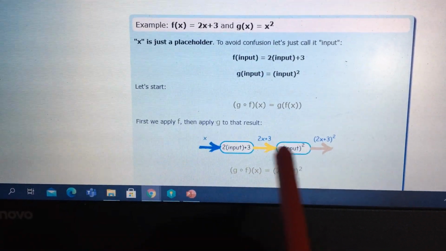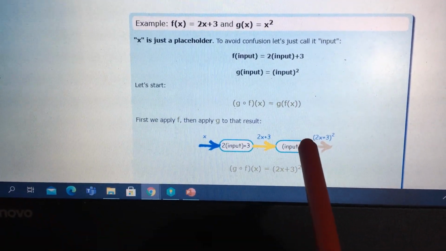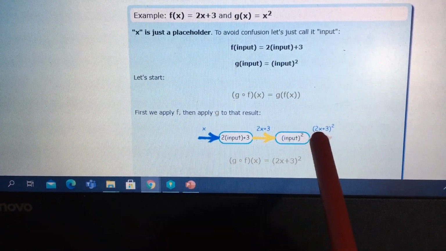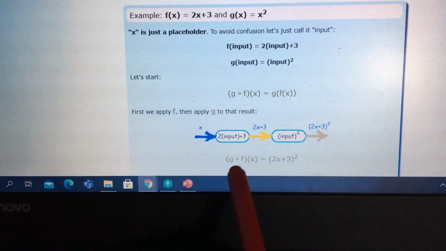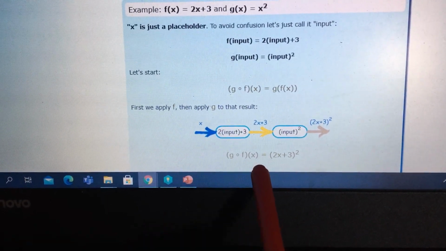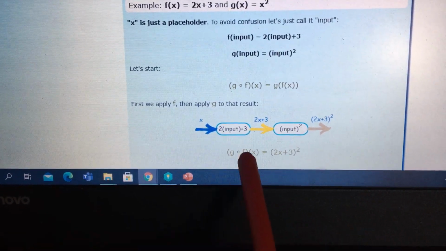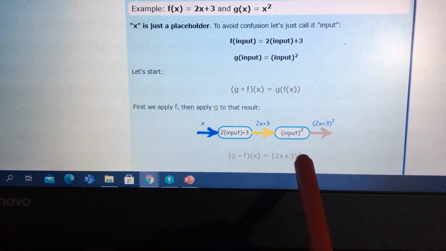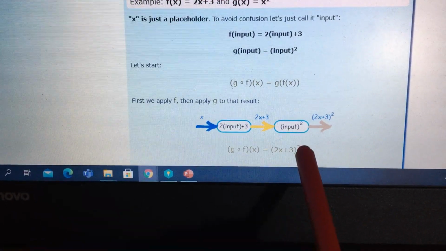Then this will be the input to the next stage, where the next stage has input squared. So when you input this one, you have the output 2x plus 3 squared. So in notation, the composite function of x of these two functions, g and f, equals 2x plus 3, then squared.